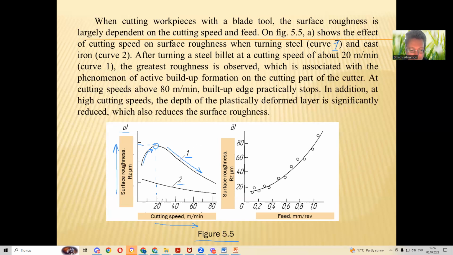So from 20 to 80 meters per minute of cutting speed, the surface roughness is decreased, for steel and for cast iron.